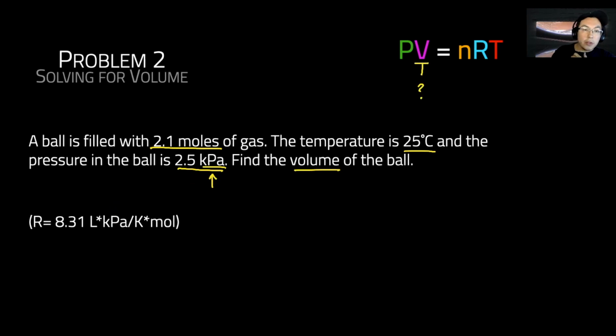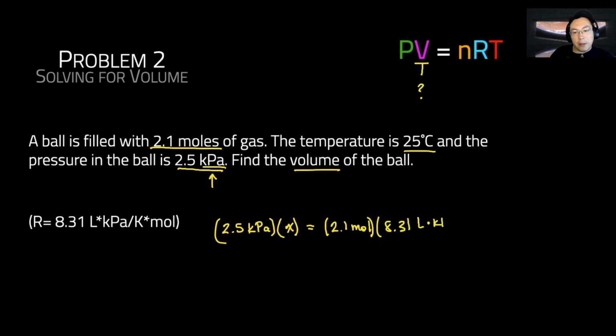So let's start by using the formula and substituting the values, right? So for pressure, we got 2.5 kilopascal multiplied by V, which is our X, equals our moles, which is 2.1 mole, times our R, which is over here, 8.31, and then we got here liters kilopascal, all of this over Kelvin times mole.